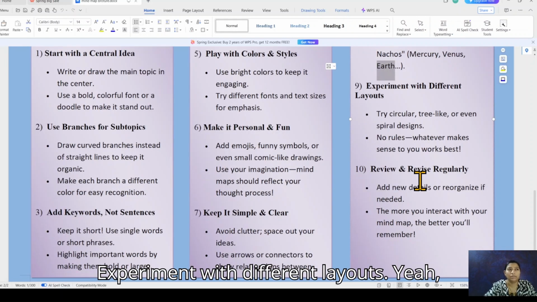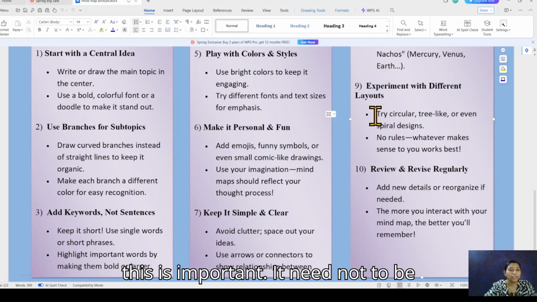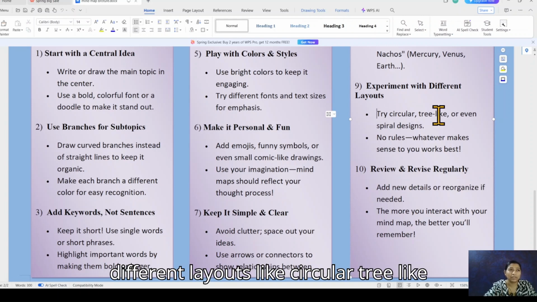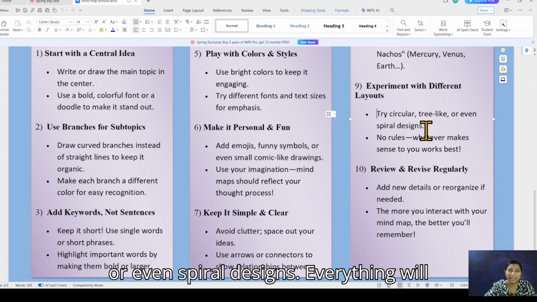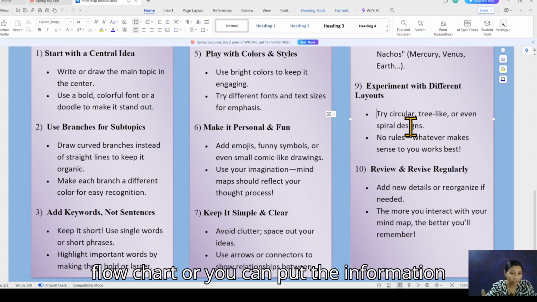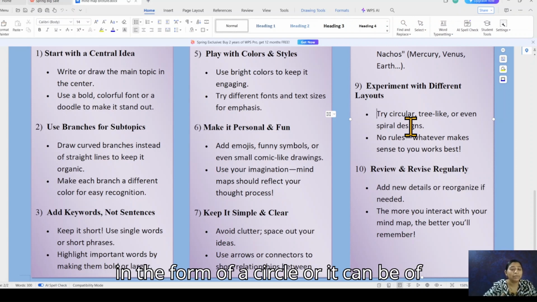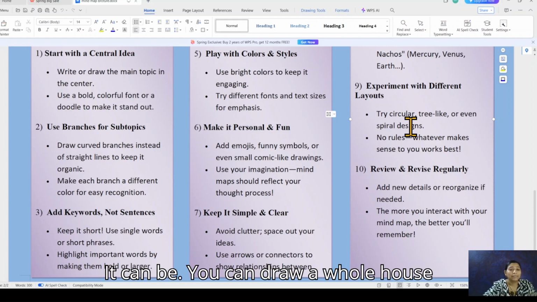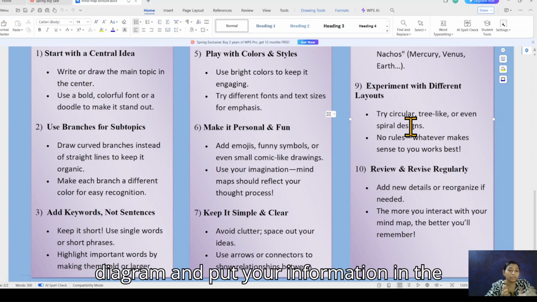Experiment with different layouts. Yeah, this is important. It need not always be the same format. You can try different layouts like circular, tree-like, or even spiral designs. Everything will do. You can put the information like a flow chart, or in the form of a circle, or anything. You can draw a whole house diagram and put your information in the house.